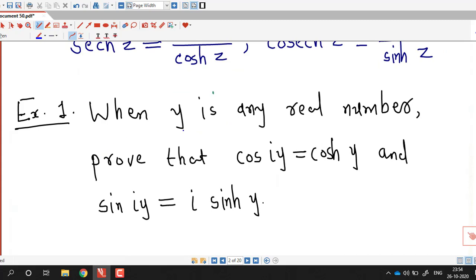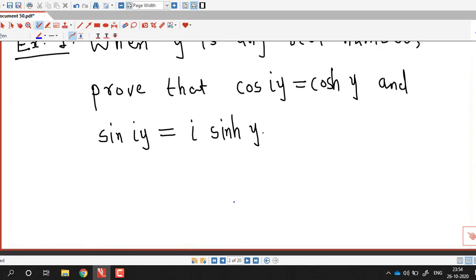It is given that if y is any real number, prove that cosine of i into y is nothing but cos hyperbolic y, and sine of i into y is nothing but i sine hyperbolic y. So using the definition we can easily prove this.